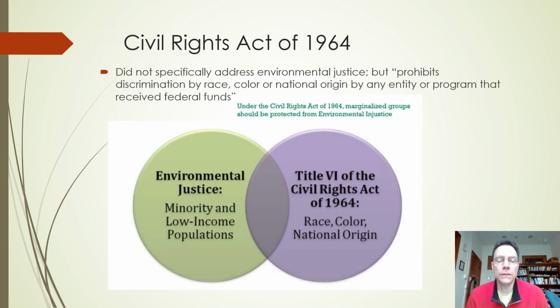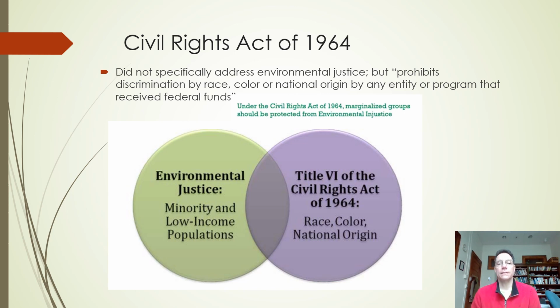Okay, so I mentioned the Civil Rights Act of 1964 didn't exactly address environmental justice, but it sort of laid the groundwork for the idea that it should be addressed. This Civil Rights Act prohibited discrimination by race, color, or national origin by any entity or program that receives federal funds.